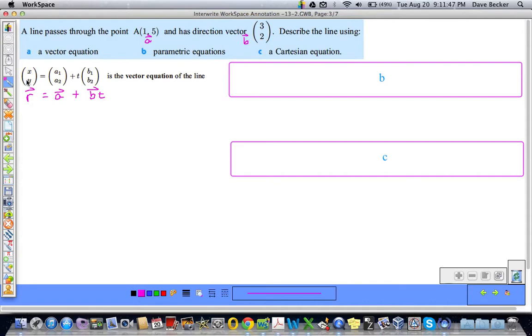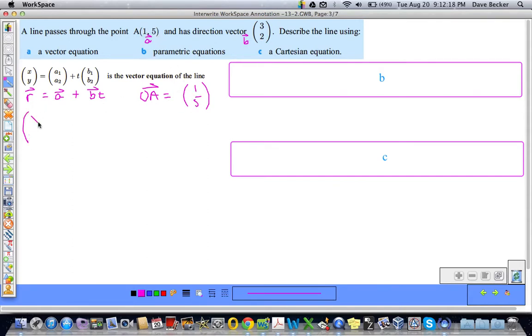So how do we do that? Well, all we need is a and b, some fixed point on the line. Well, a, all I need is the position of it. It's a positional vector, and if I think of vector OA, where O is the origin, that gives me 1, 5. Because what are the coordinates of the origin? 0, 0. 1 minus 0 is 1. 5 minus 0 is 5.